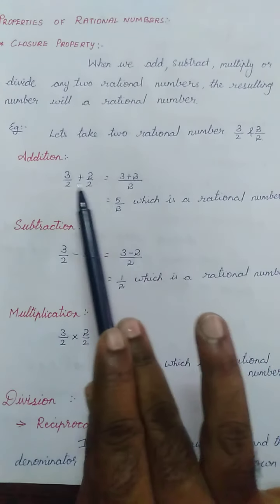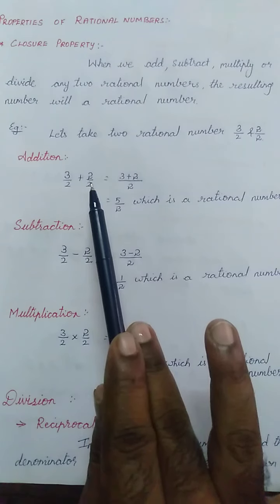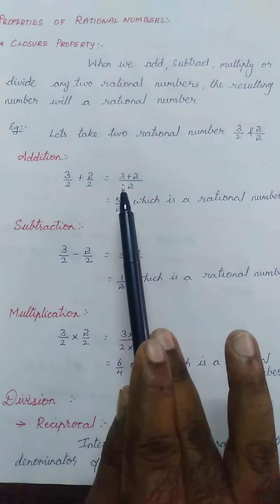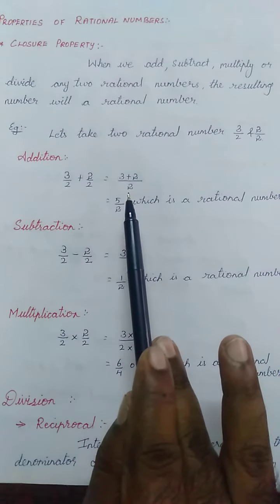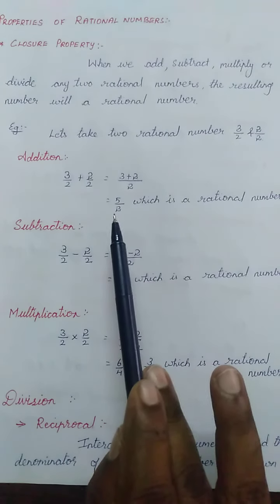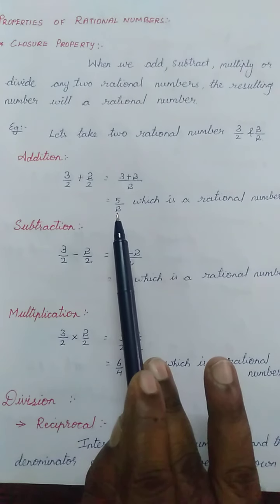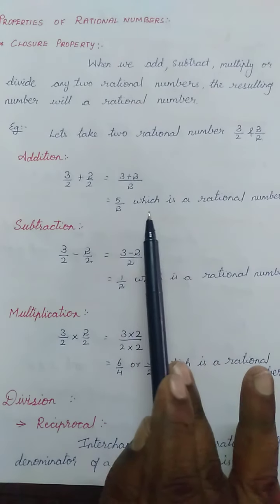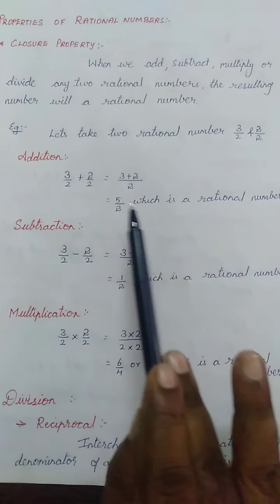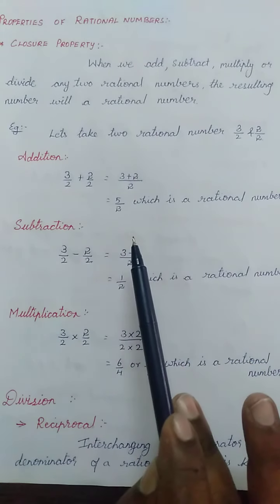So 3 by 2 plus 2 by 2 can be rewritten as 3 plus 2, the whole divided by 2. 3 plus 2 gives you 5 and the denominator stays 2. So 5 by 2, which is a rational number since 2 is not equal to 0.